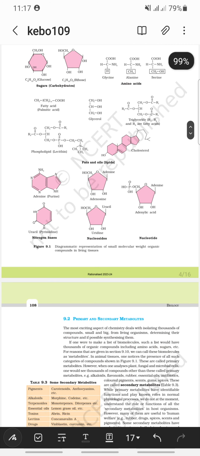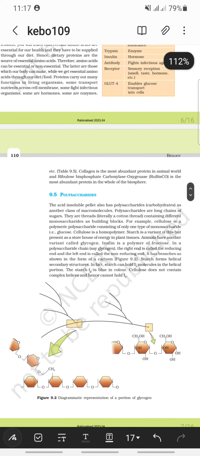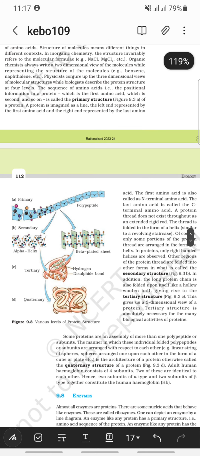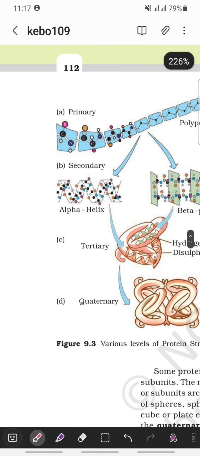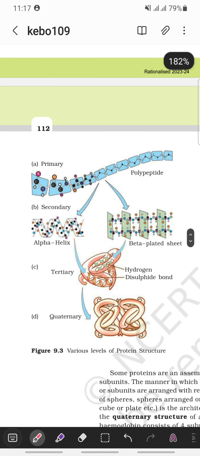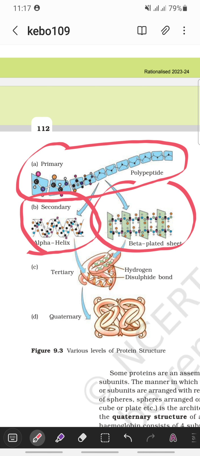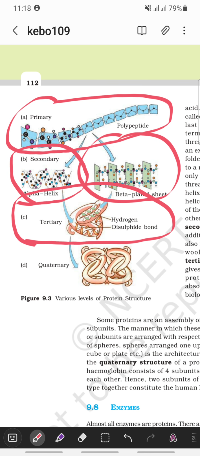Figure 9.4 various levels of protein structure: primary, secondary, tertiary, and quaternary.